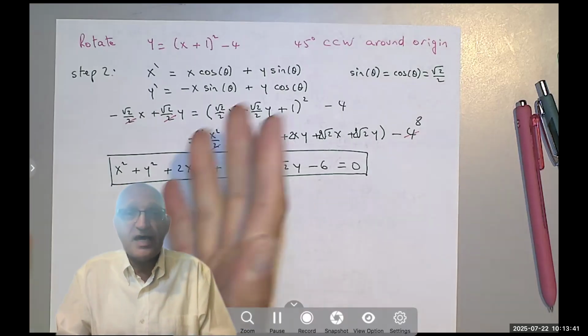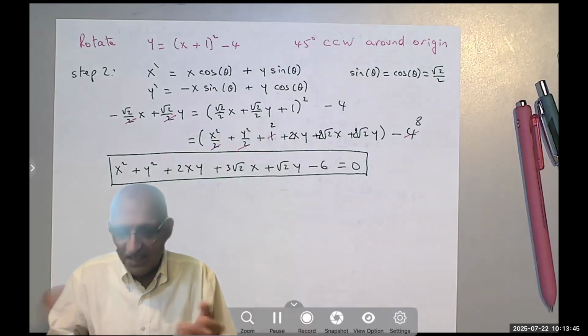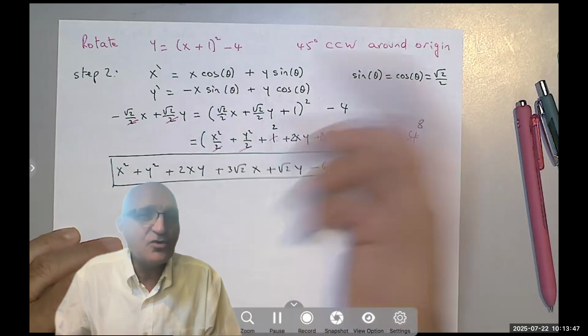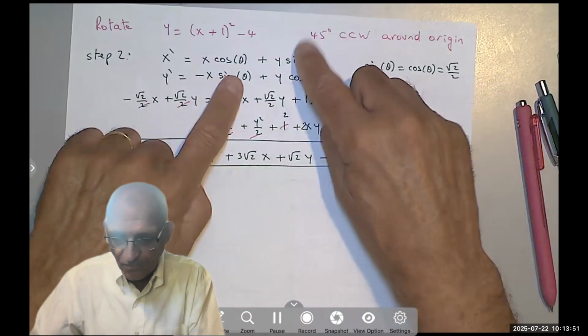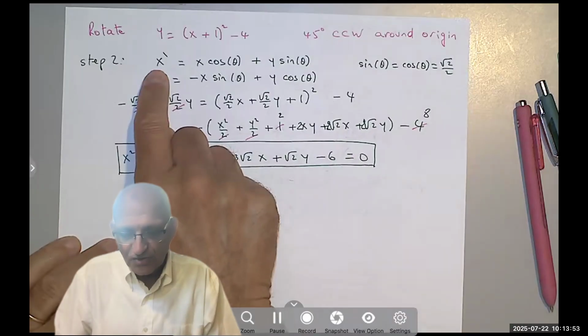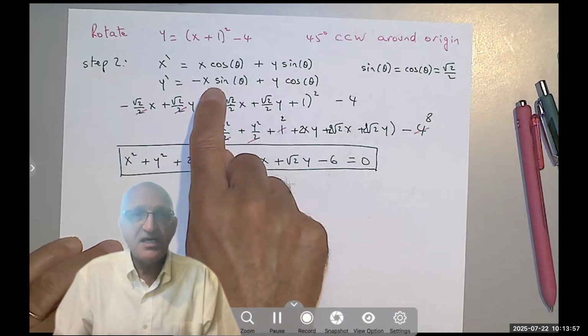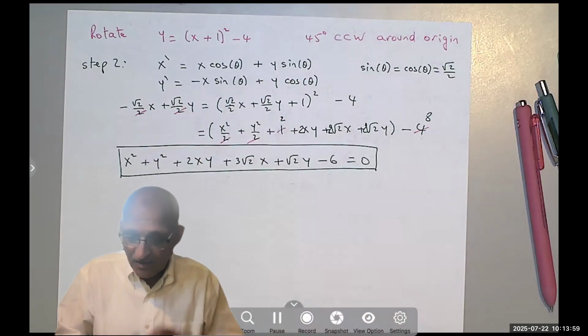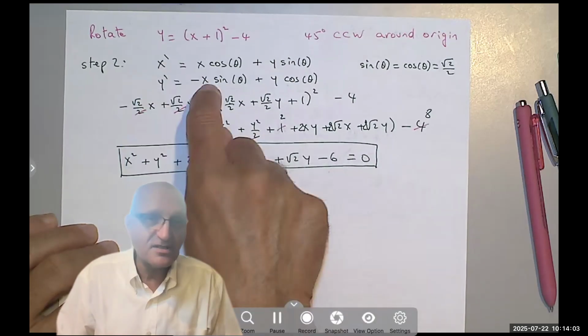And you saw now that really the rotation of 90 degrees is a special case when you make theta equal 90. So the cosines vanish and the sines become 1, and you are substituting x prime is y and y prime is negative x. And if it's clockwise, it would be x prime is negative y and y prime is x.